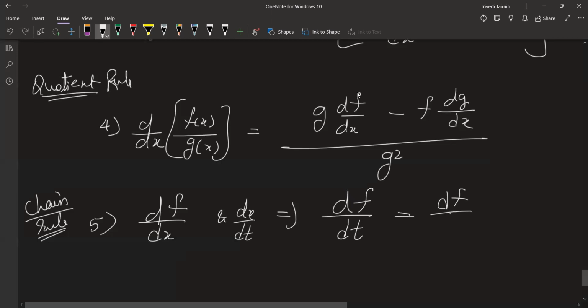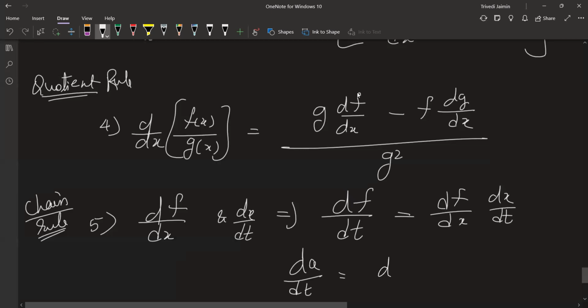So df by dt is df by dx times dx by dt. Now, if I give you an example, dA by dt means acceleration with respect to time. So I cannot find it directly.